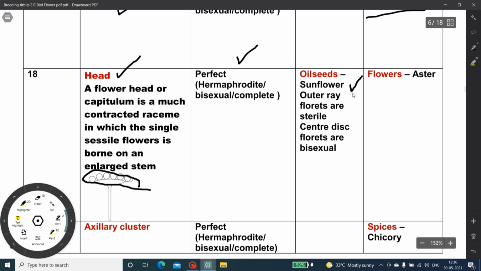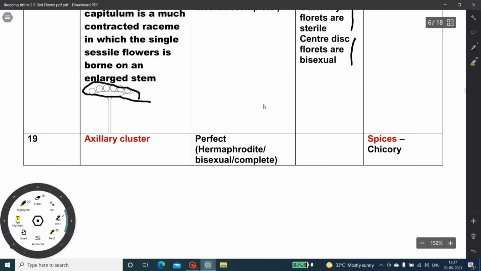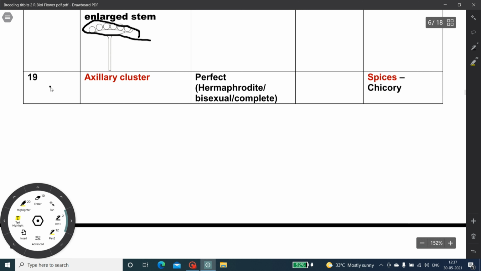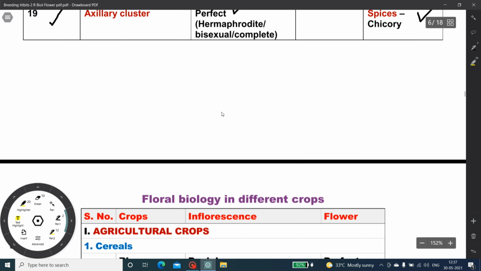The outer ray florets are sterile, whereas the center disc florets are bisexual. In the case of horticulture crops, aster flower is a classical example. The last type of inflorescence is axillary cluster. Most of the flowers are perfect. Chicory is the best example.